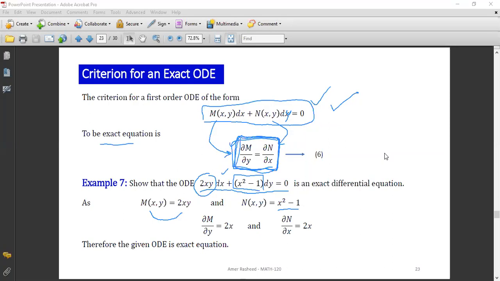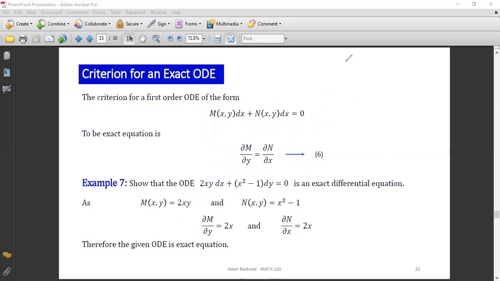So if you interchange their positions, and you have dy here, then you should consider it as N. And if you have dx here, then you should consider it as M. So just be careful while selecting M of xy, because M of xy must be the coefficient of dx, and N of xy must be the coefficient of dy.